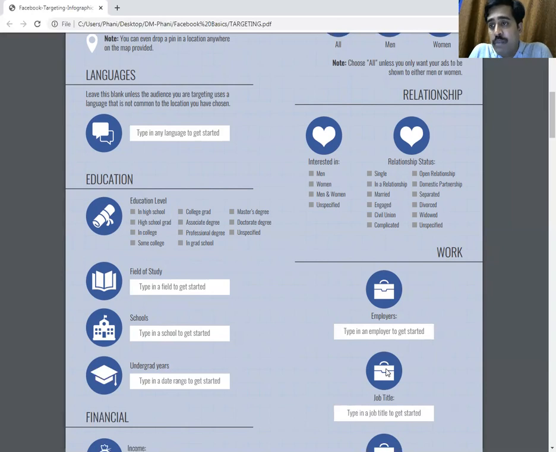I will narrow down my search so that my ad will only go to them, and the pixels on Facebook will track and give me information like how many people my ad reached, how many people interacted with my ad, that means they might have clicked on the link that was shared in my ad, and how many people engaged with my ad, that means they might have liked it, shared it within their network, or commented on it.